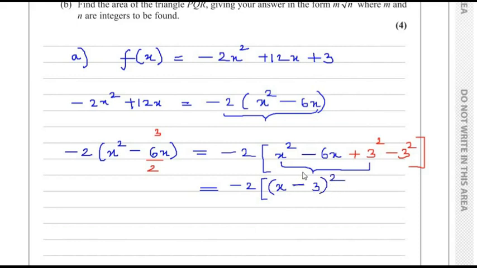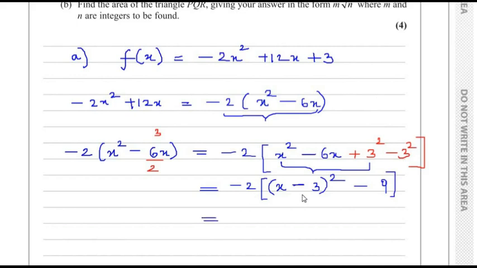If you want to go through the steps of the completing the square method, I will attach the link of the video I have uploaded on the completing the square method, so you can go through it and understand the steps I am doing here. And here it becomes minus 3 square is 9. So this is what we get.